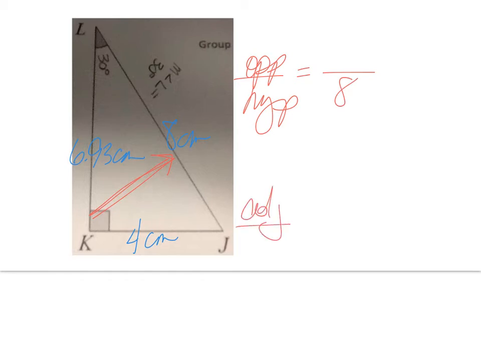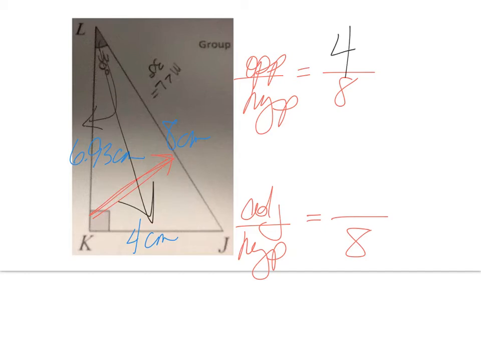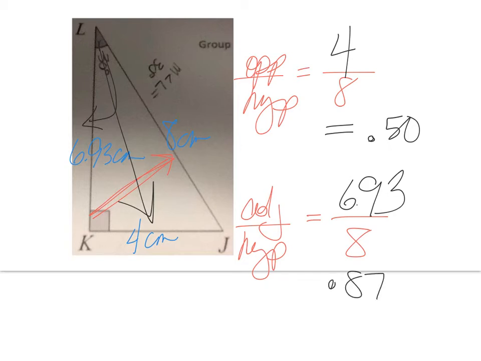Adjacent over hypotenuse, my hypotenuse is again 8. So we're at angle L, opposite is 4. Adjacent is 6.93. 4 over 8 is 0.5. 6.93 over 8 is 0.87.